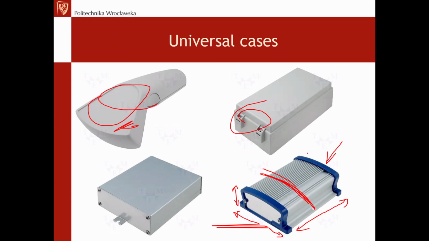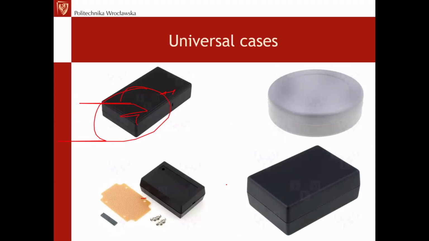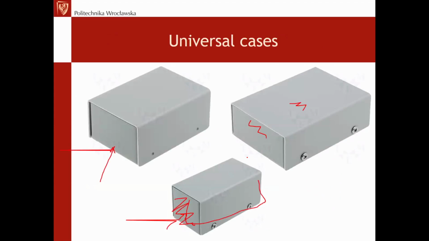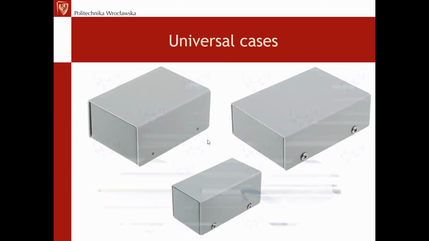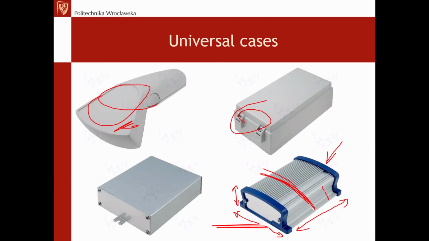So with the FDM printer, you can do simple cases, so you can avoid the use of these universal cases. Those cases you can really do better with the printer. But if you need sturdy cases, if you need very good looking cases made with precision and quality, then you must live with those two problems mentioned for the universal cases.